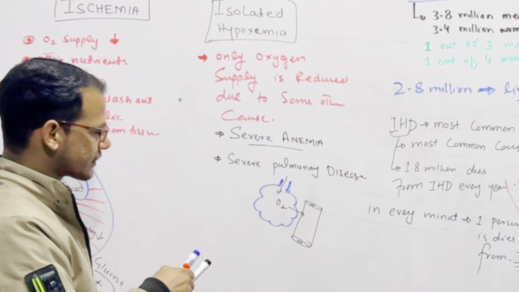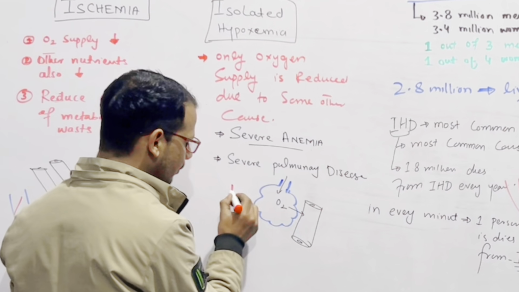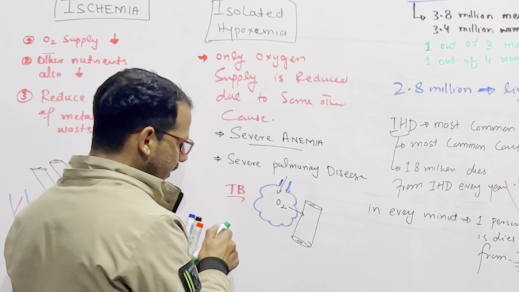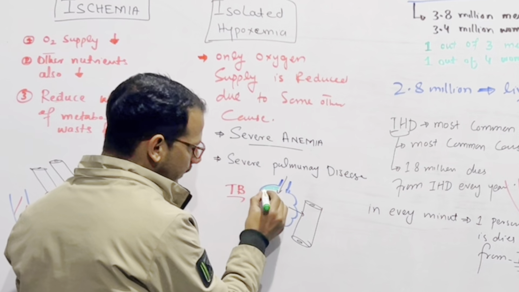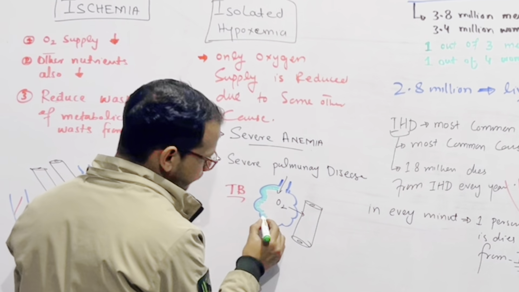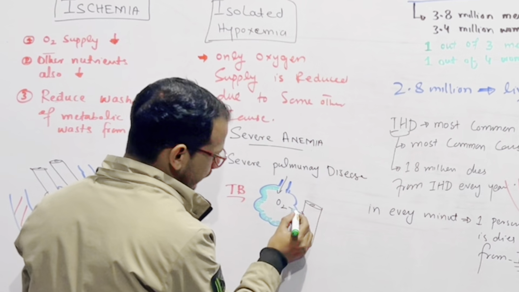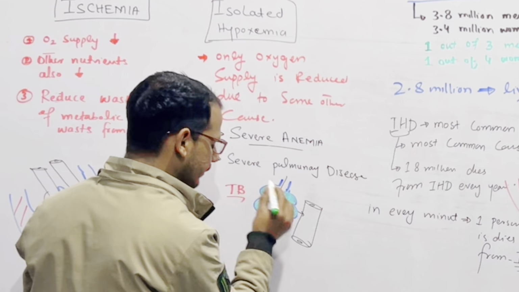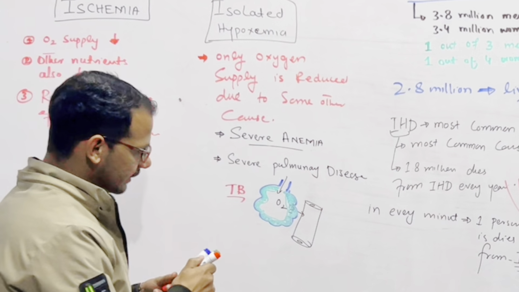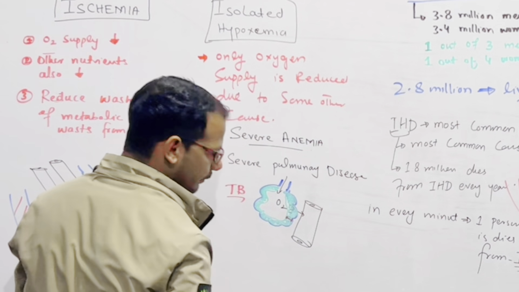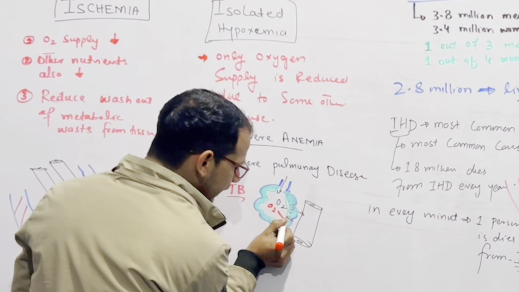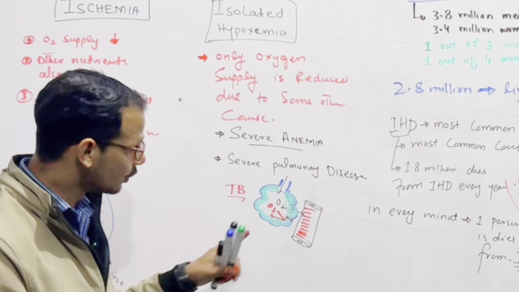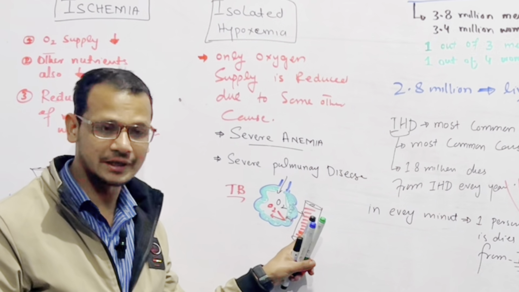But if someone has TB, here due to TB the mucus is thickened. This is mucus, sputum. And due to this thick layer of mucus, oxygen cannot diffuse to blood. So oxygen is reduced in blood.